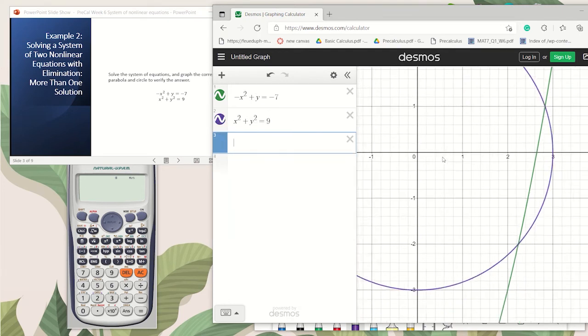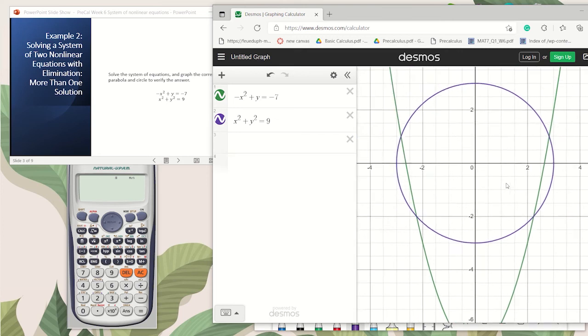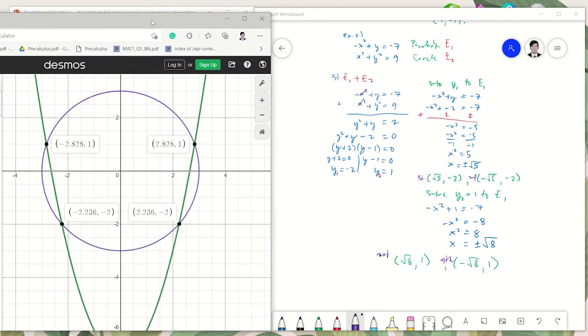So here's the graph, and notice that there are 4 intersections. So here, first, second, third, fourth. So there are four intersections between our circle and our parabola. And that's why our answer is here.